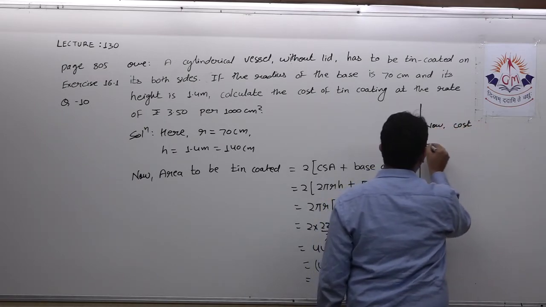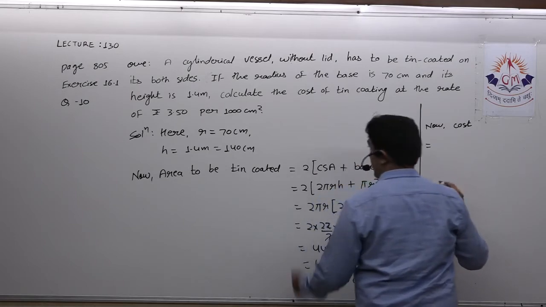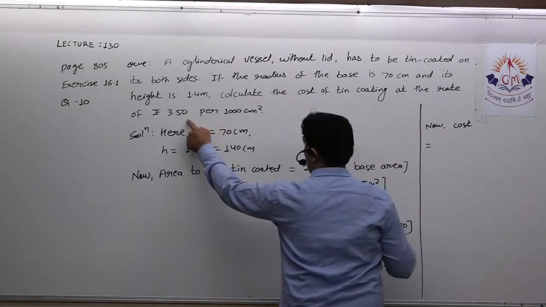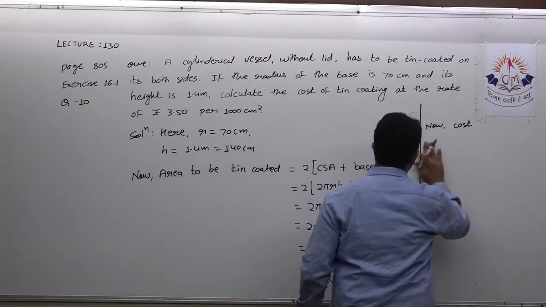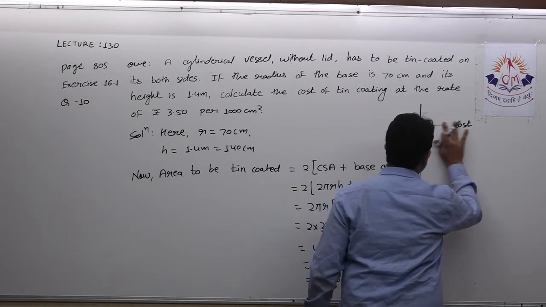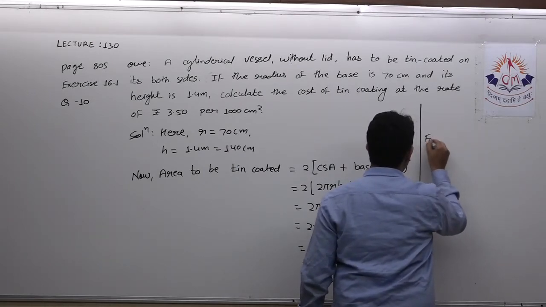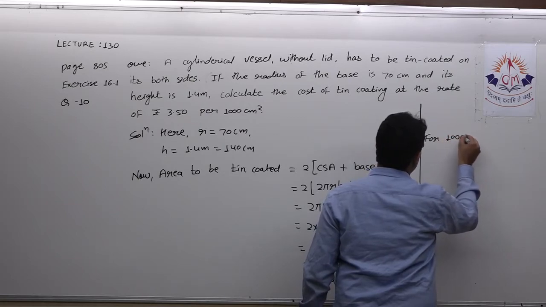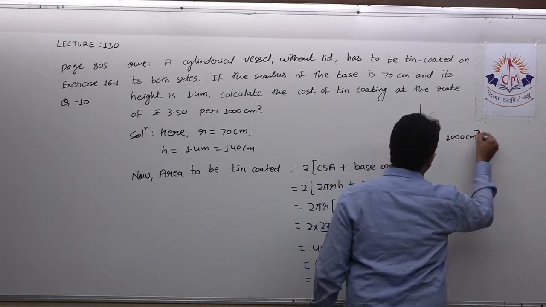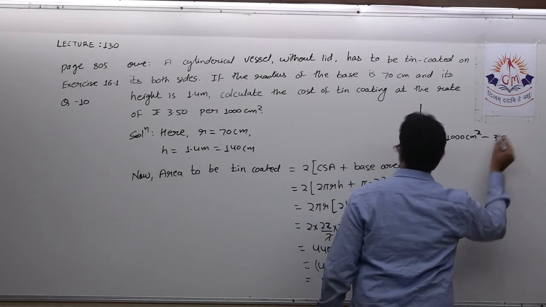Cost is equal to, for 1000 centimeter square it costs rupees 3.5.